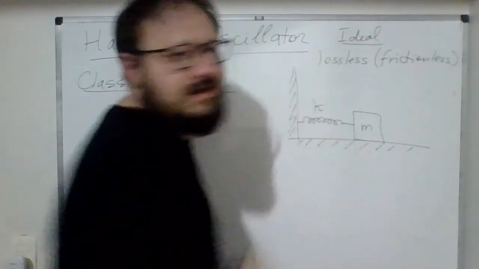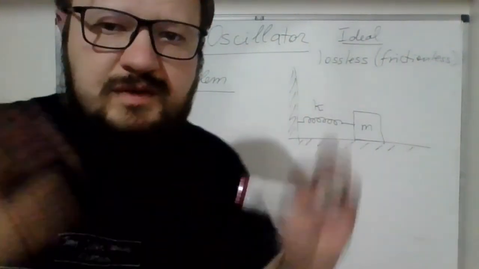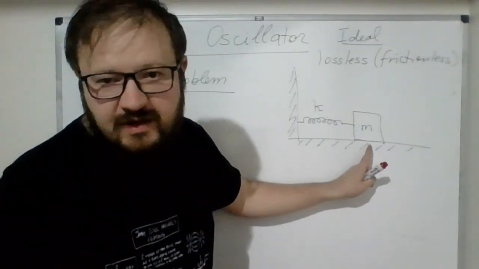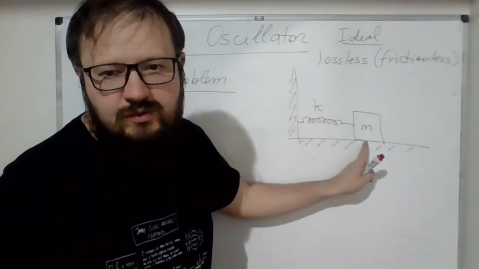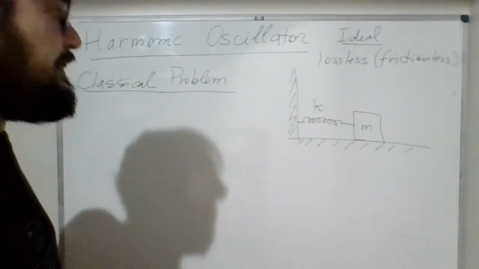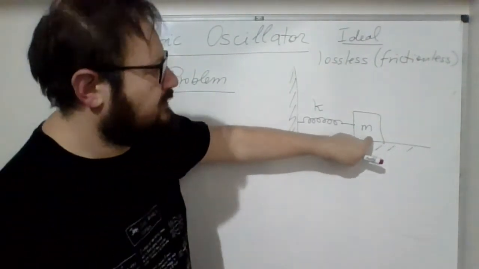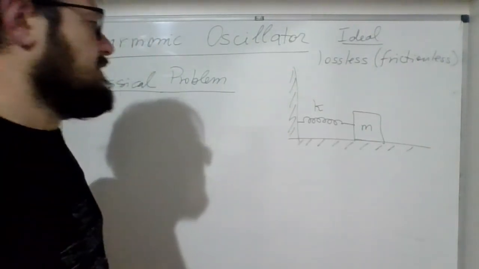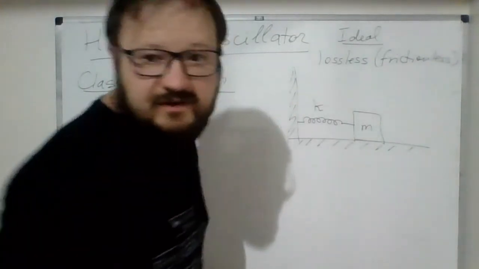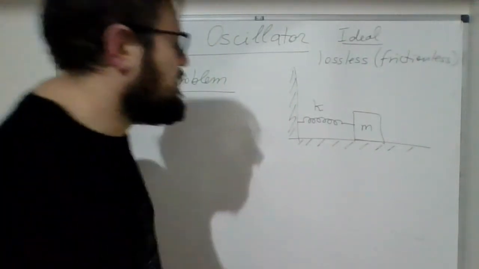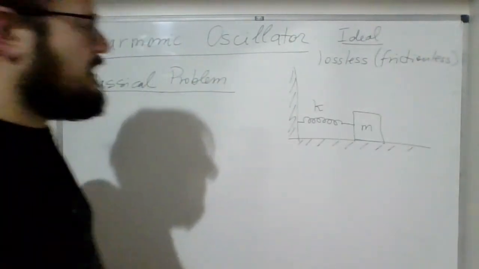The ideal case corresponds to the case without losses, because in practice, in a classical system, you will have losses due to friction between this massive object and the ground. But suppose it's perfect and no friction is present in this problem.